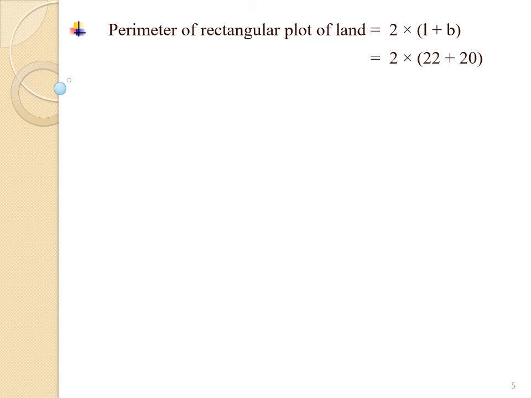Now, solving the bracket and keeping 2 as it is, we get 2 into 42. Now, multiplying 42 by 2, we get 84. The perimeter of a rectangular plot is 84 meters.